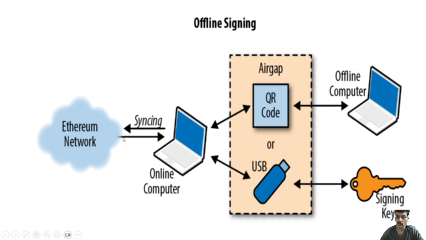Of course, the Ethereum network syncs with the online computer for all the transactions that happen, like transferring a token from one account to another account, or executing a contract.